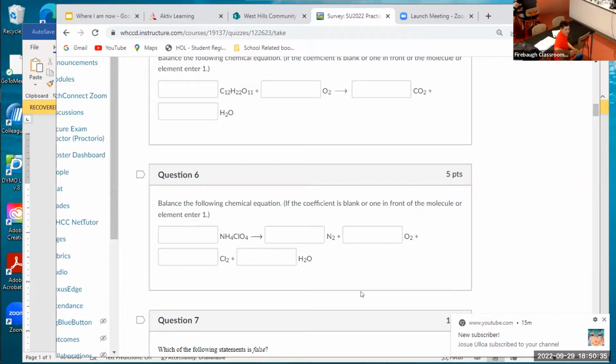Okay, so when you guys do this, if you leave it blank, meaning that it's understood to be a 1, you can put a 1 there because in Canvas, if I left it blank, it would accept anything. So I have to have a 1 there.